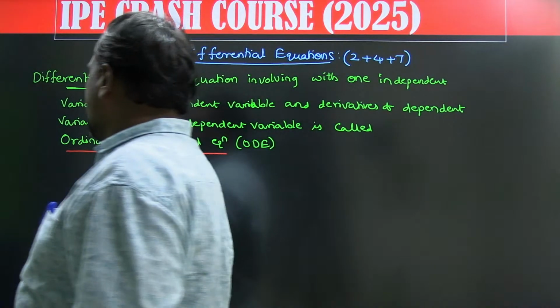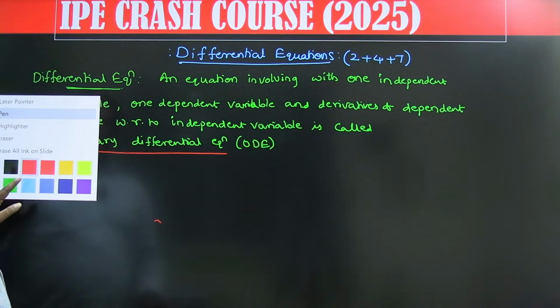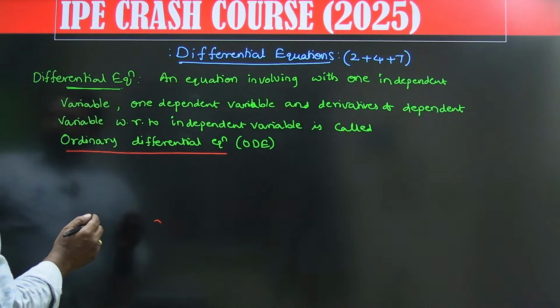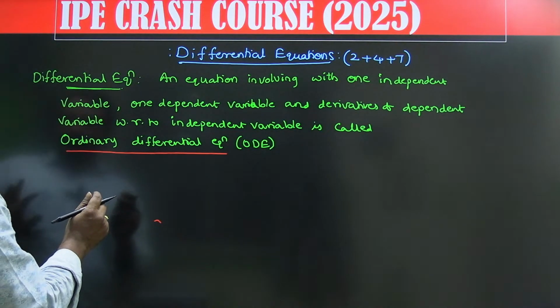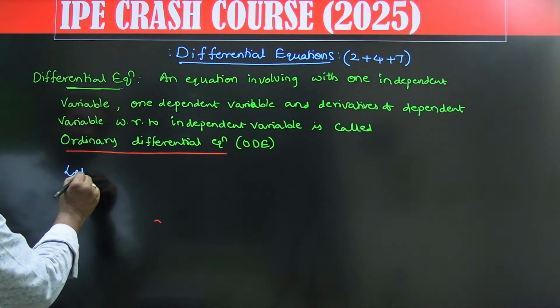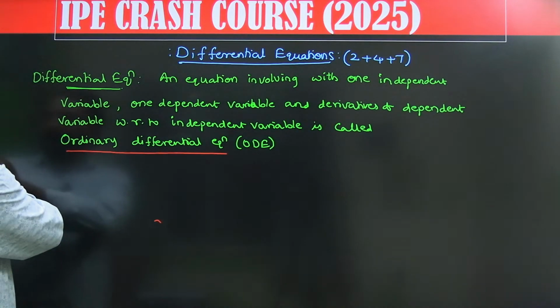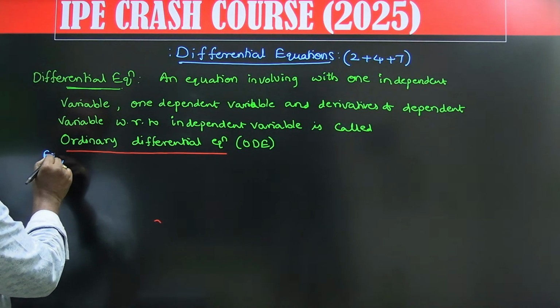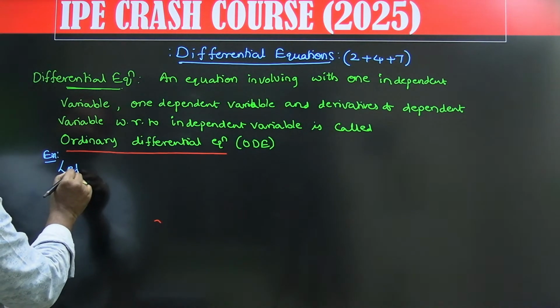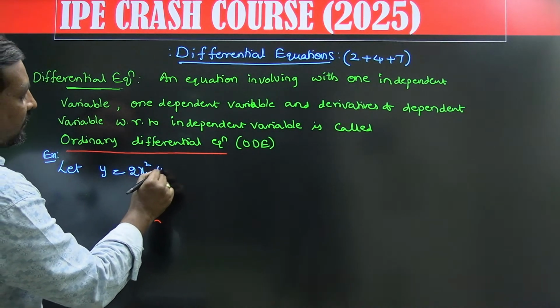So first we'll discuss what is the dependent variable and what is the independent variable. If you take the function, let y is equals to, for example, I am explaining what is dependent and what is independent. y is equals to 2x square plus 3x plus 2.